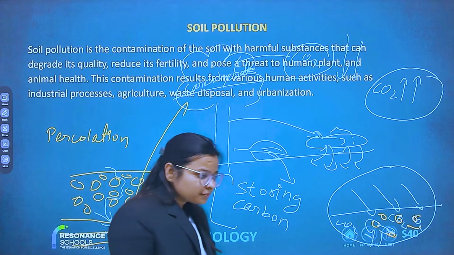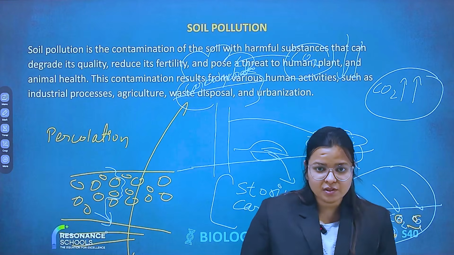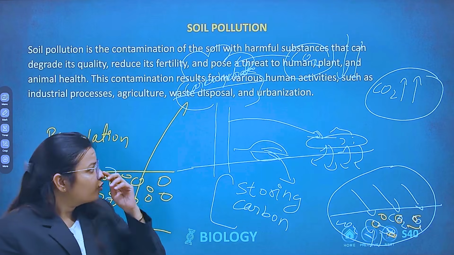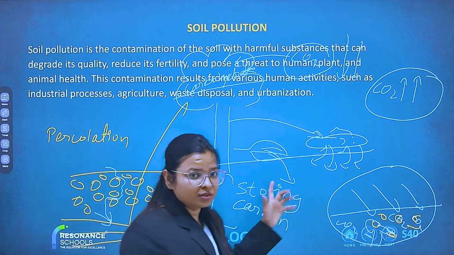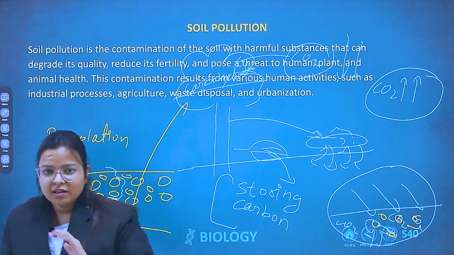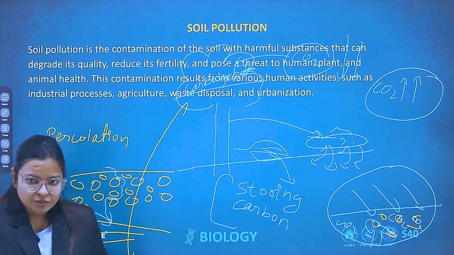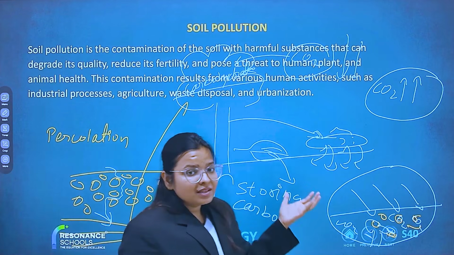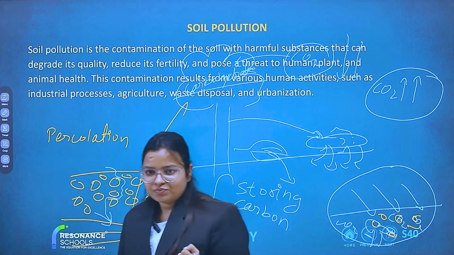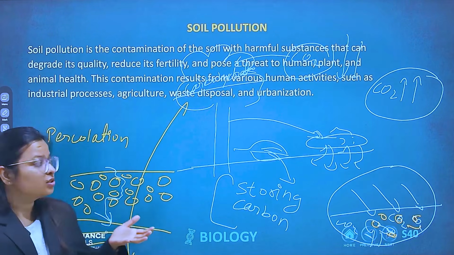These days cloth waste also is there. Earlier we used to wear 1 or 2 clothes per year. Nowadays we change per month. Today I am wearing something, tomorrow something else, day after tomorrow something else. So this is how we are causing harm to our soil. So this is directly or indirectly soil pollution.